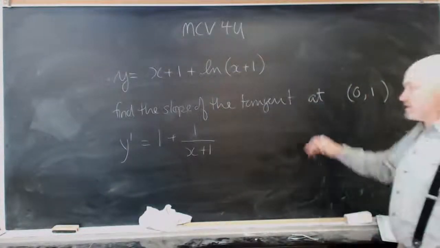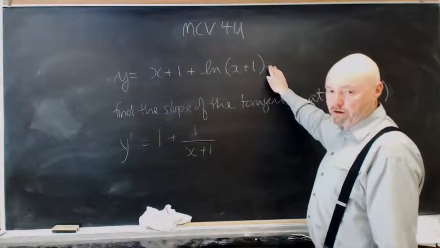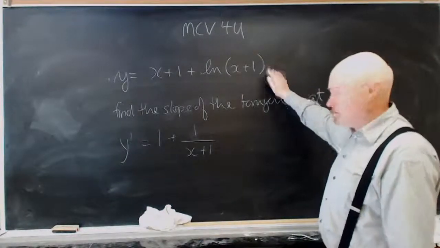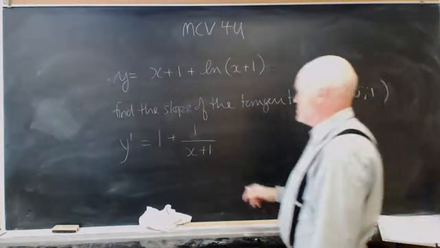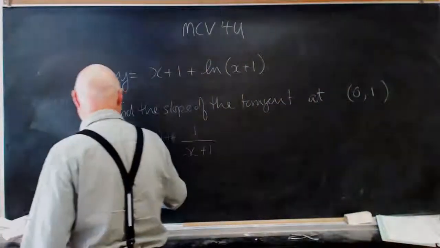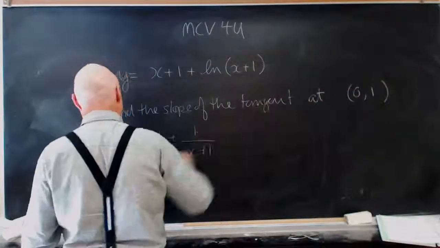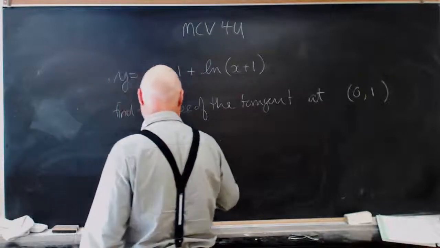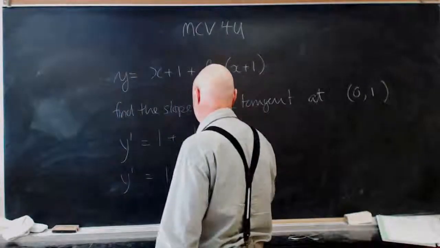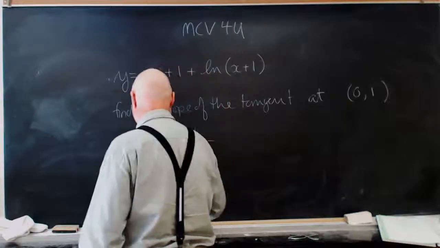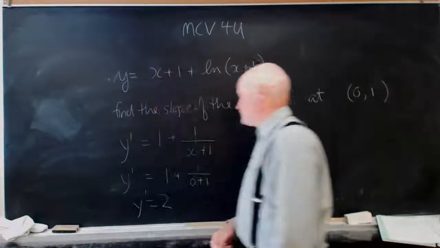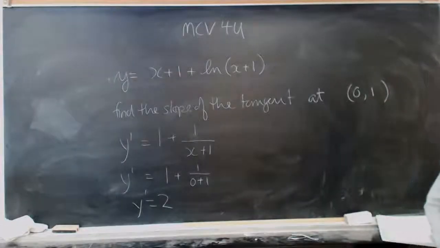So it is like a chain rule question, but the derivative of x plus 1 is just 1. So it's no big deal. And to find the slope, all we have to do is plug in 0 for x. That's easy.